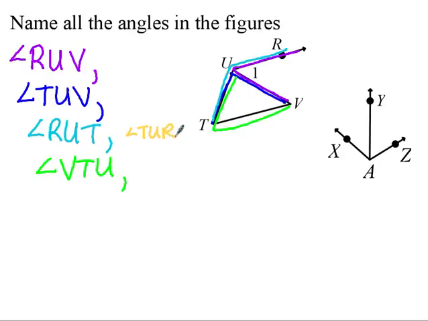So what would be another one? One that we haven't used. TVU. Good. Now another one, believe it or not. I didn't see it. Now, you will see angles numbered just with numbers, and those work as well. You'll see a lot of that, like on a standardized test, maybe on your ACT, they will number the angles, and they'll say find the measure of angle 1, find the measure of angle 2. So that's another way you can name angles.